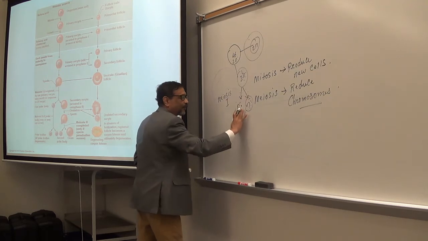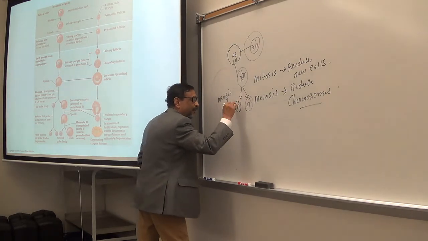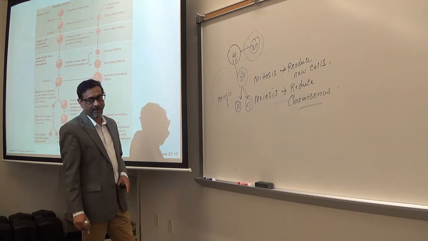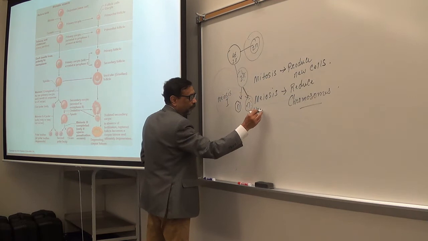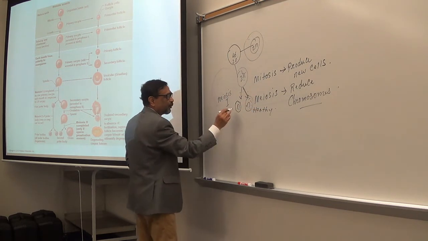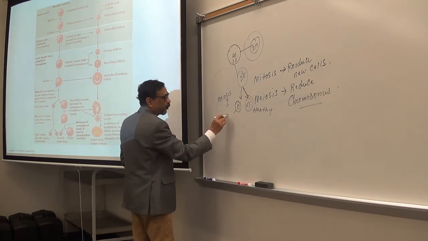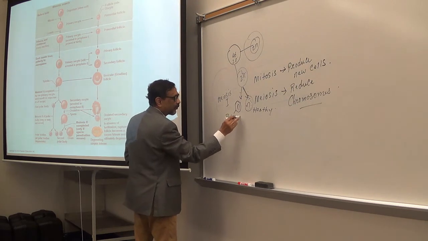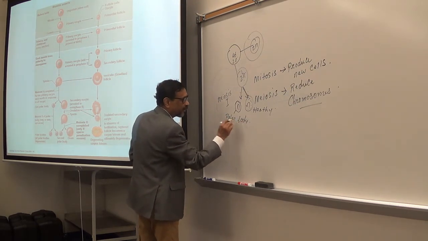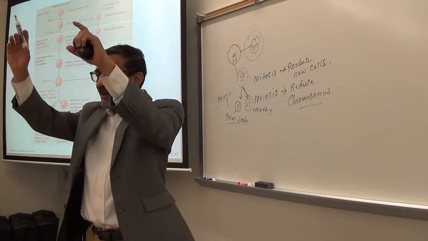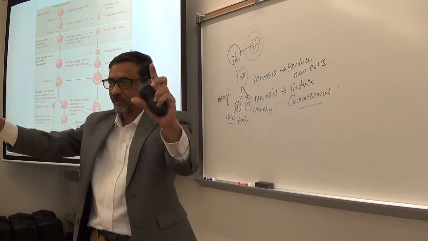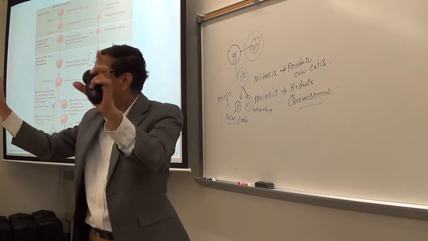So this side will get almost no cellular materials. So this will be a healthy cell, and this will be unhealthy, which is called a polar body. Okay, non-functional.